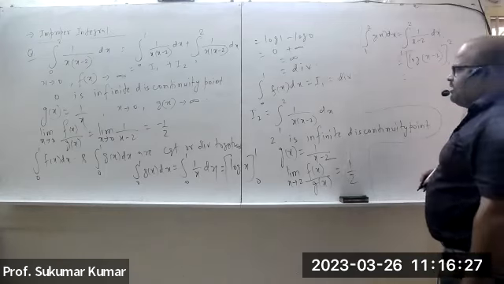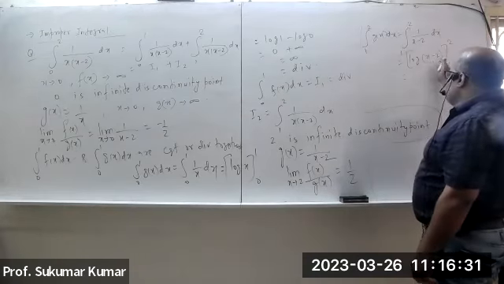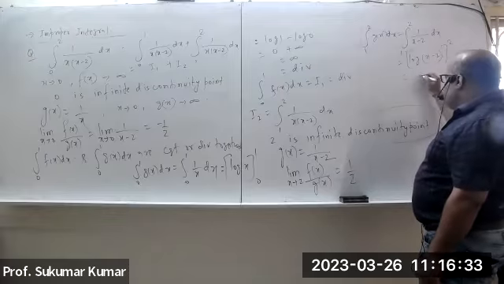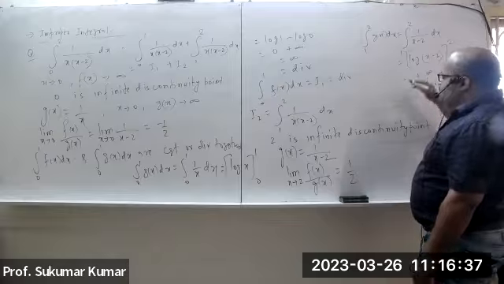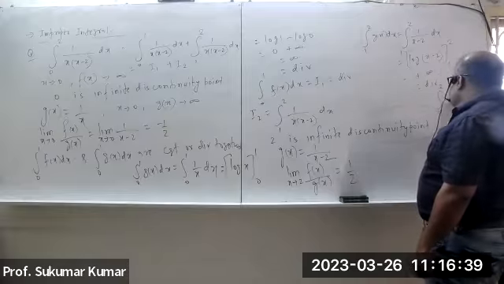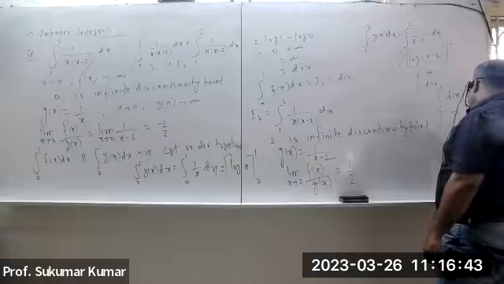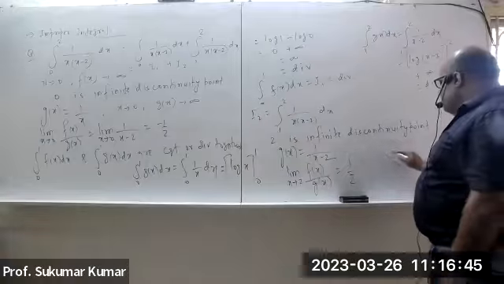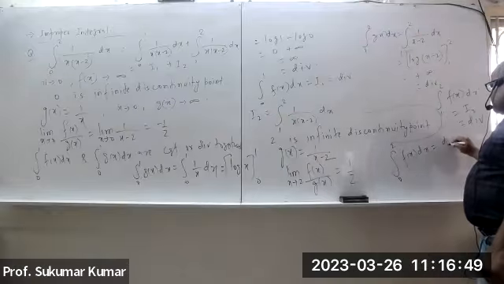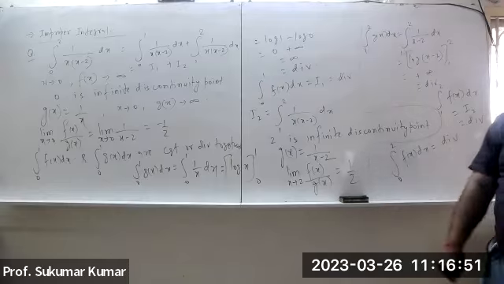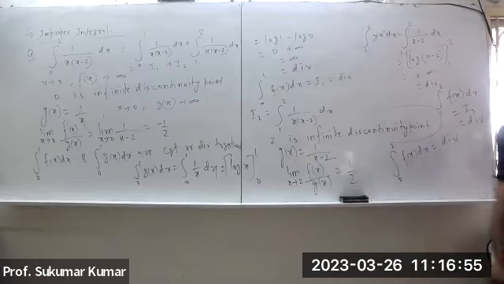Log 1 minus 1 value will come. Using modulus gives 0, but at 2, minus infinity will come. Anyhow, plus infinity, divergent only. So the integral from 1 to 2 of f of x dx, I2, is also divergent. So finally the given integral from 0 to 2 of f of x dx is divergent.